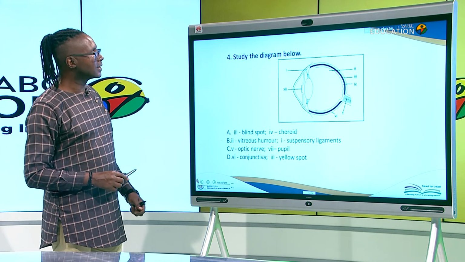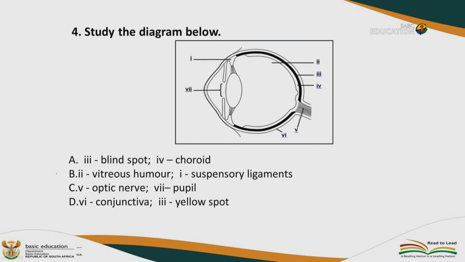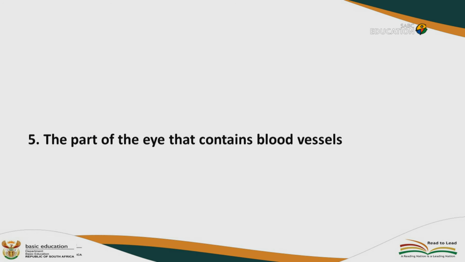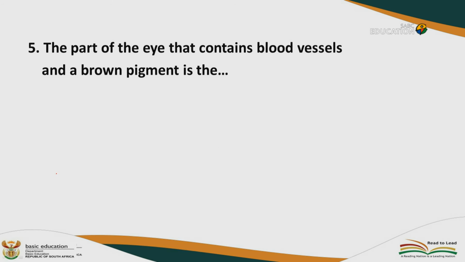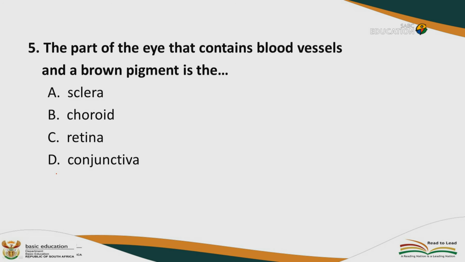Let's look at this one. Study the diagram below. The part of the eye that contains blood vessels and a brown pigment.